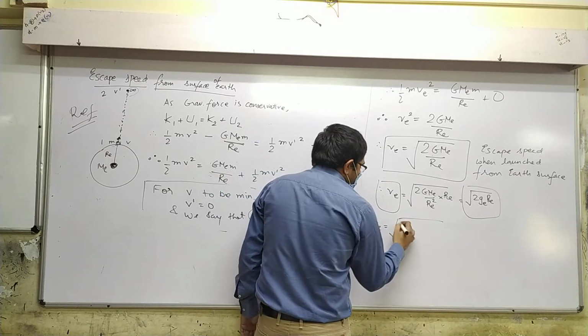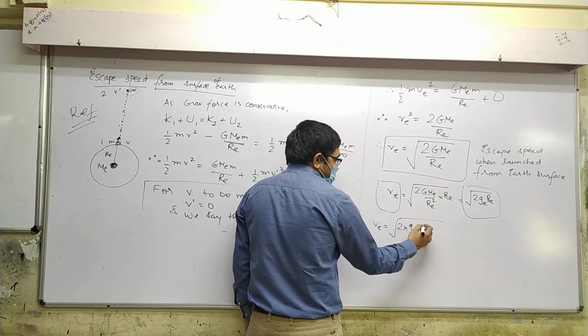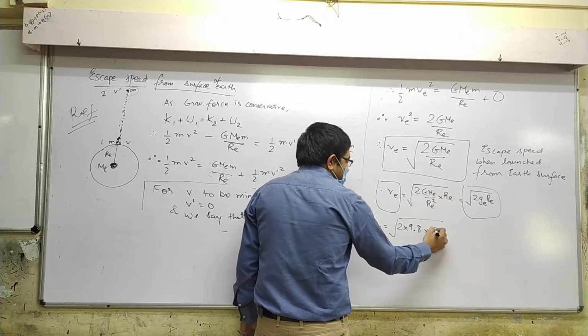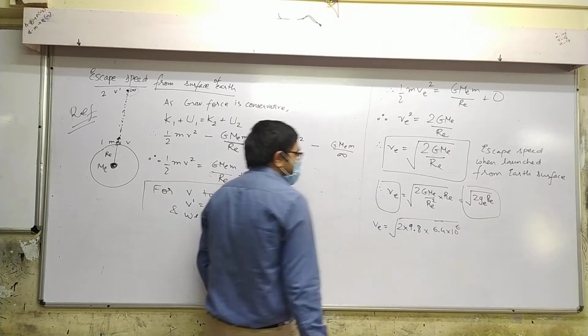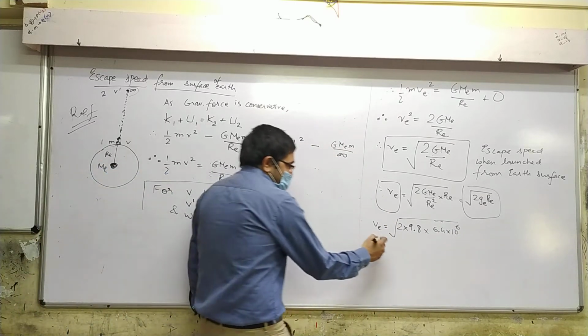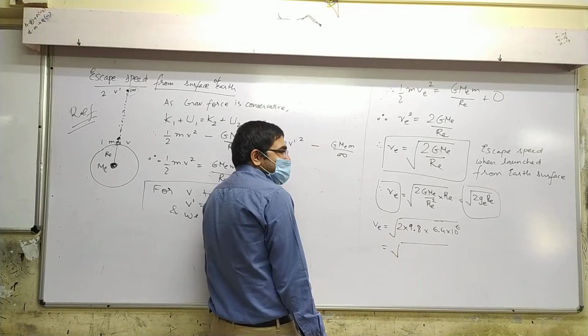Under root 2 into g, value 9.8, I'm not taking 10, RE 6.4 into 10 raised to 6. Okay? So this is equal to 2 into 9.8, what is it?